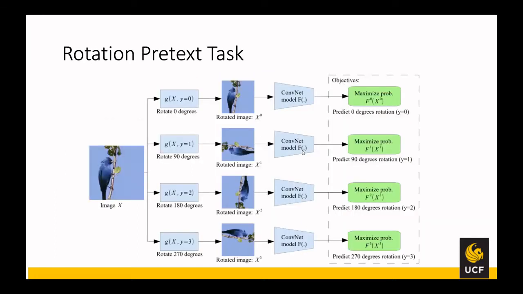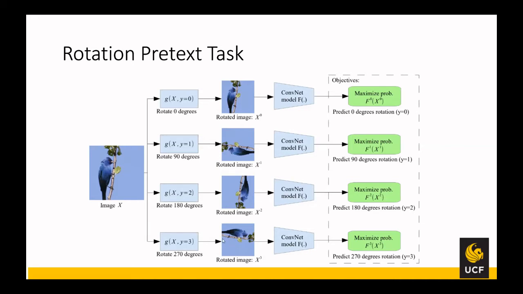So here's an example of a pretext task from the paper on RotationNet. This pretext task creates image representations that contain information about the rotation of an image. Here we have an unlabeled image X, and it is transformed in one of four ways. It's rotated 0 degrees, 90 degrees, 180 degrees, or 270 degrees.